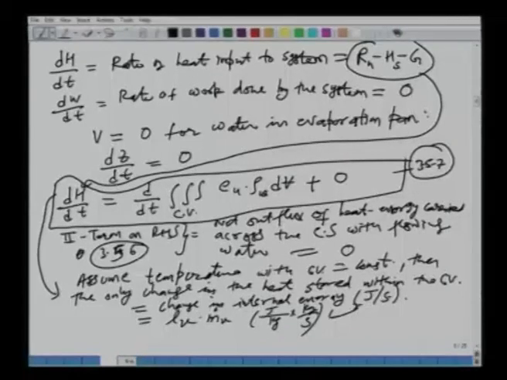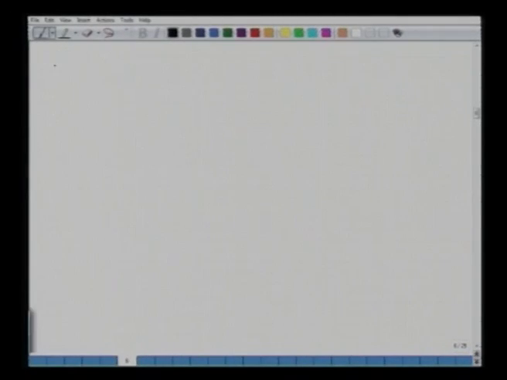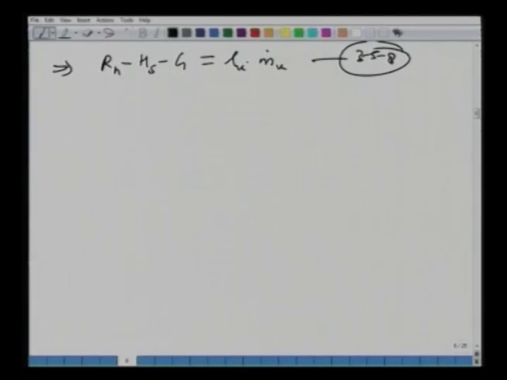So, let me go to the next page and then say that basically you have Rn minus Hs minus G is equal to LV mv dot, and let us say this is 3.5.8. But what is mv dot?